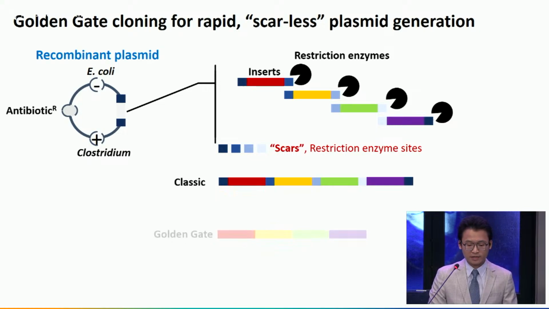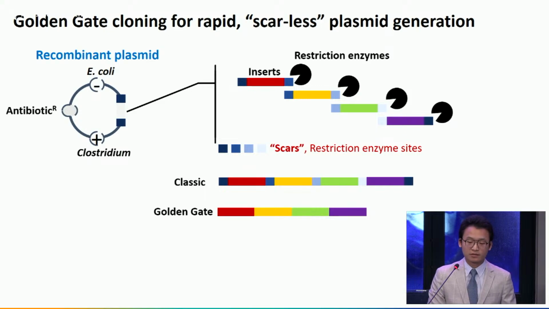While Golden Gate assembly was recently reported with one-step cutting and pasting for plasmid cloning, by which 50+ fragments can be efficiently assembled within 5 hours.